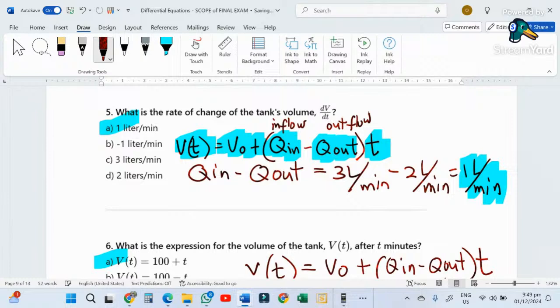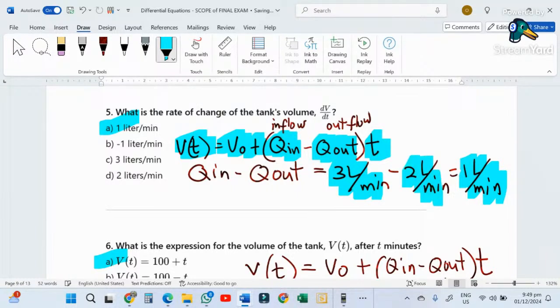So V of t is equal to the initial volume plus inflow minus outflow times time. Now, inflow is 3 liters per minute, the inflow of the brine inside the container. And outflow is 2 liters per minute, the rate by which the well mixed solution goes out per minute.